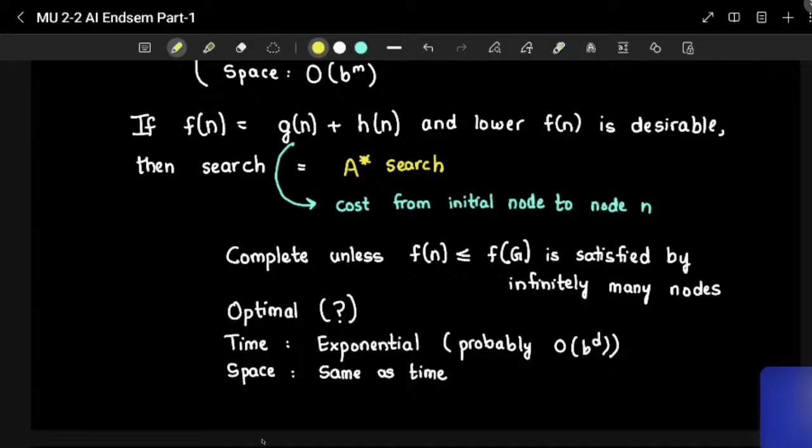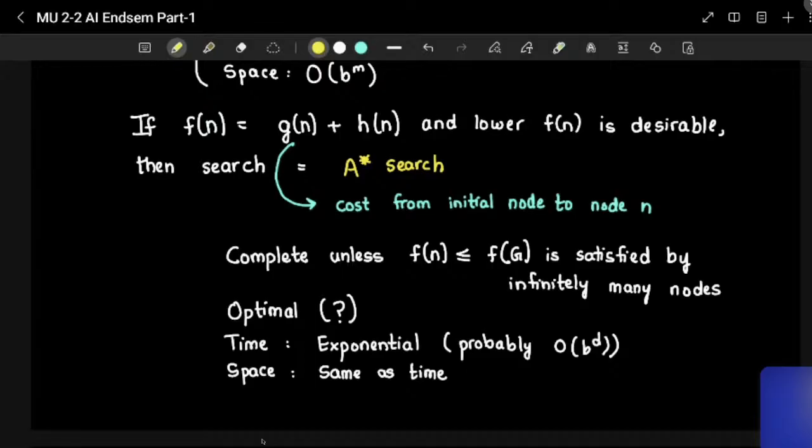But if there are infinitely many nodes whose f value is smaller than the f value of g, then the best first search algorithm will keep expanding these infinitely many nodes. It will never reach g. So despite there being a solution, you're unable to return that solution. So A star will not be complete in that case.